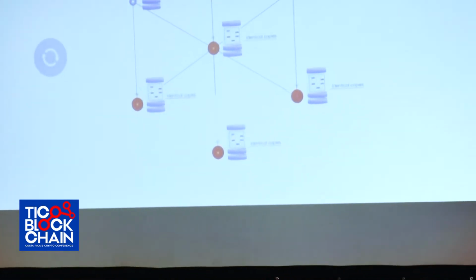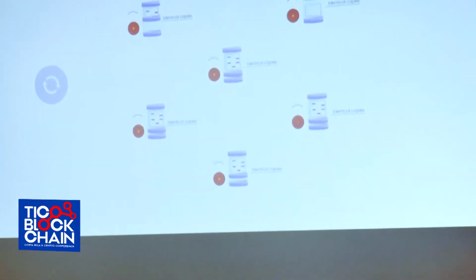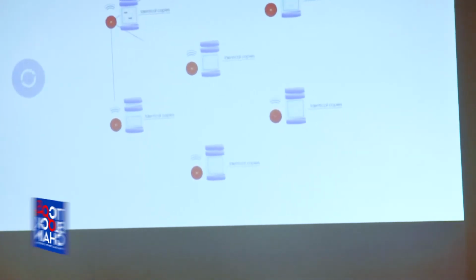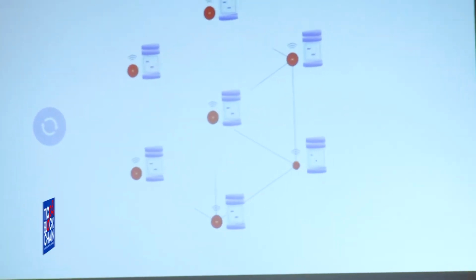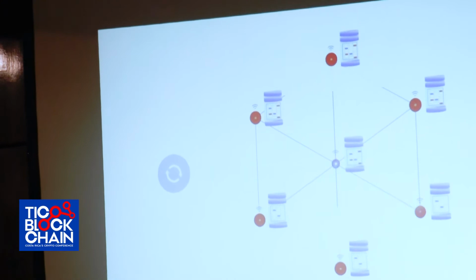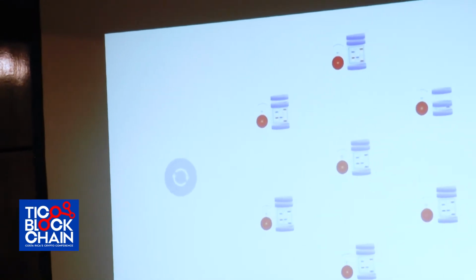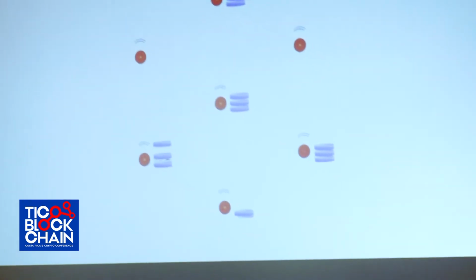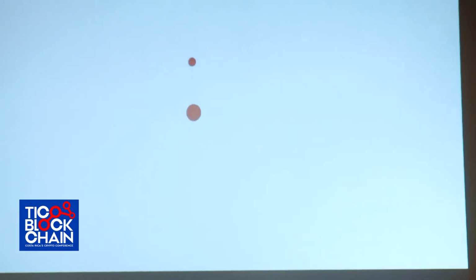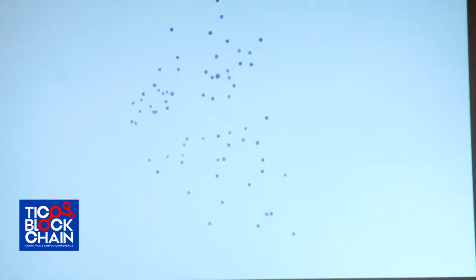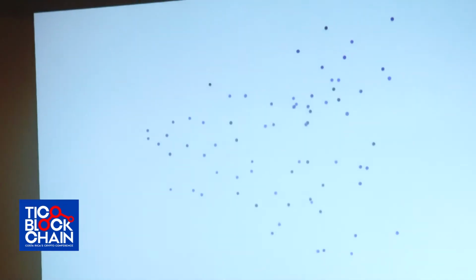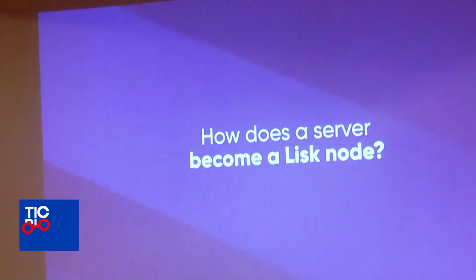This creates multiple identical copies of the information, which validates every piece of the stored data. This distributed network of databases is called blockchain. Blockchains are made up of many nodes communicating and synchronizing within them. For example, the Lisk network is composed of hundreds of nodes. So, how does a server become a Lisk node?